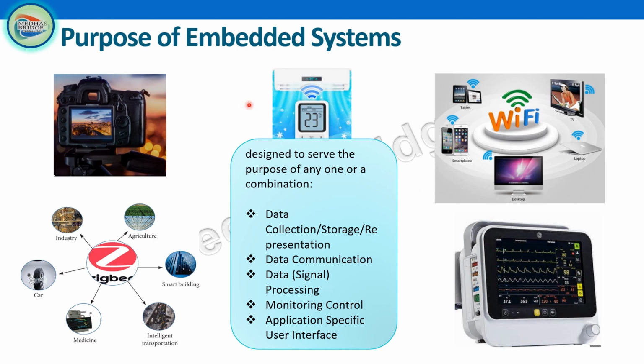And embedded systems also have a specific user interface, in application based systems. You can see a video camera, basically used for data collection. And there is data communication: using Zigbee, we can have an interface between systems. For data monitoring, an example is the BP machine, which we use in multi-specialty hospitals.